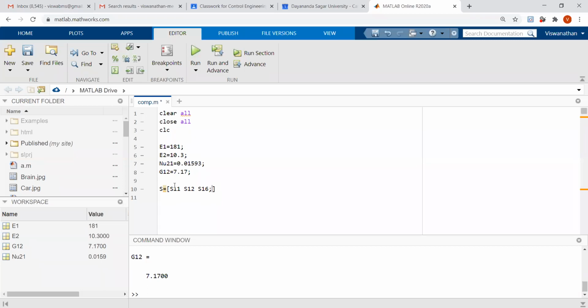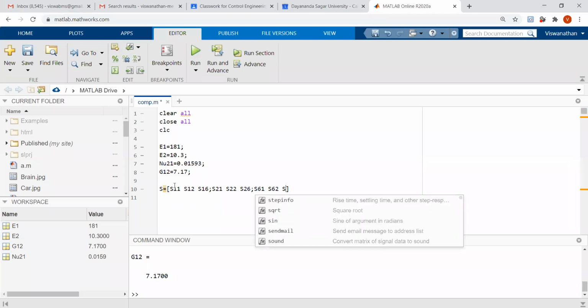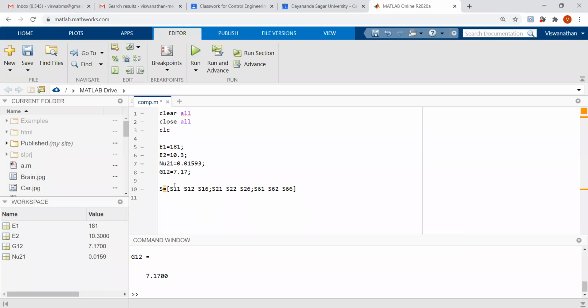And then S21, S22, S26, and then S61, this is in the third row, S62, S66. Okay, this is the matrix.